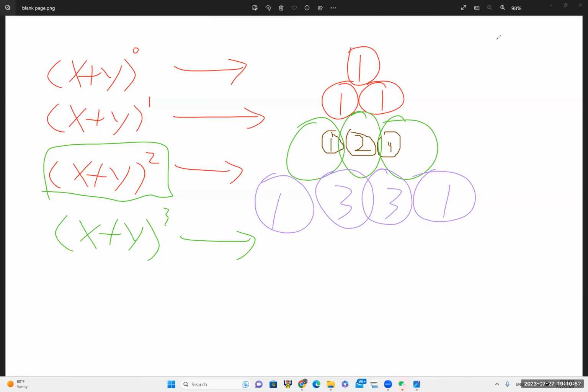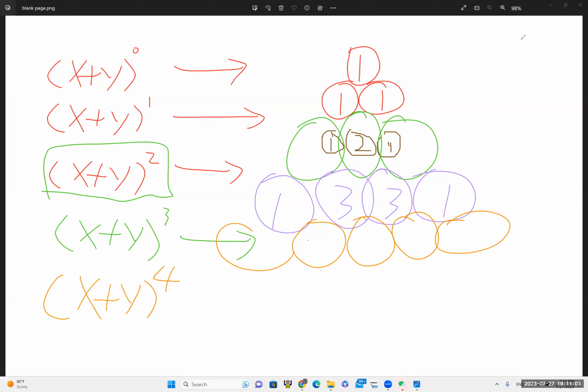It's the last layer we want to try. Okay, let me draw it for you. Even let me quickly draw one more layer.